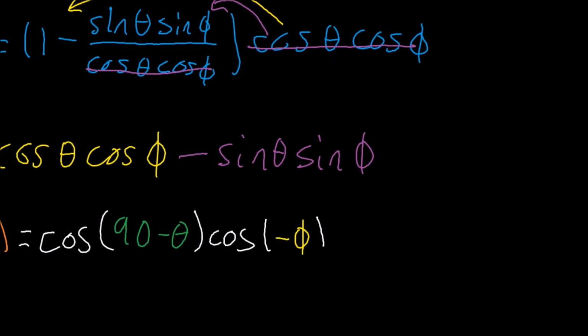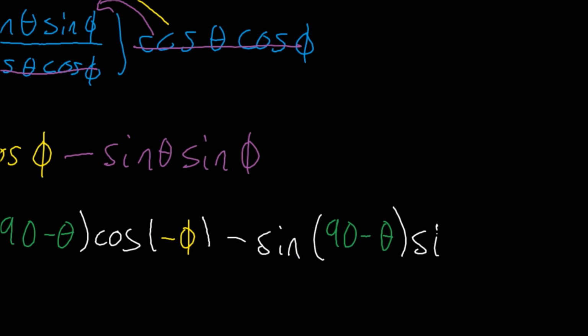Let's go ahead and do this over now, the sine side of things. Sine of 90 minus theta times sine of minus phi.